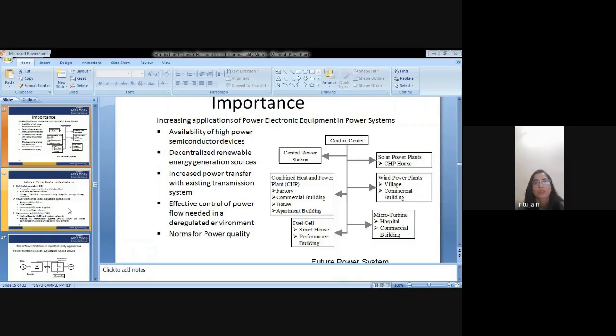So, what is the importance of power electronic devices? For example, we take the example of a transmission line system. Suppose you want to improve your electricity quality, or distribute electrical energy at a cheaper cost.